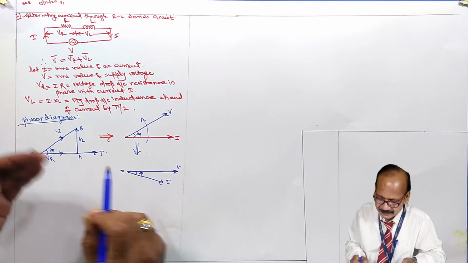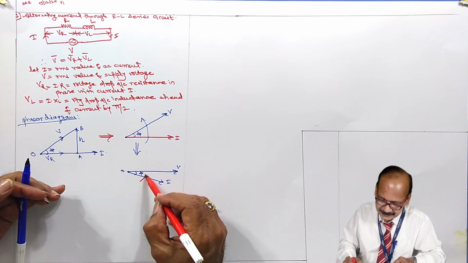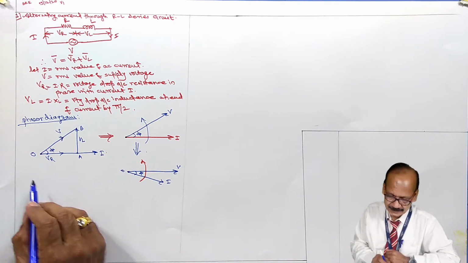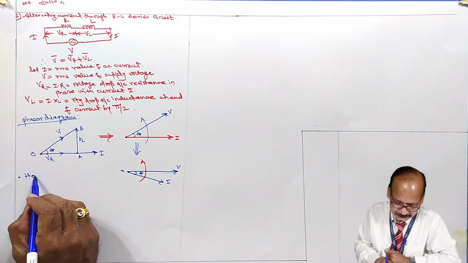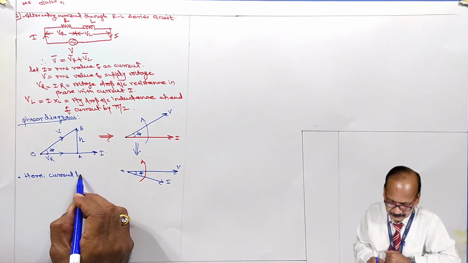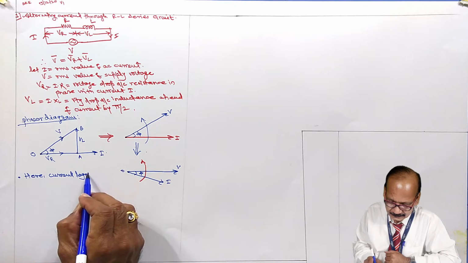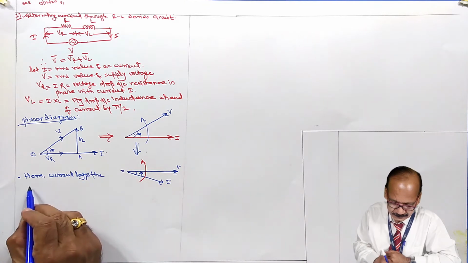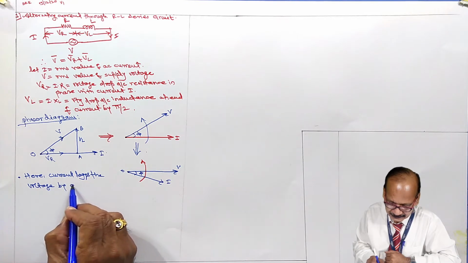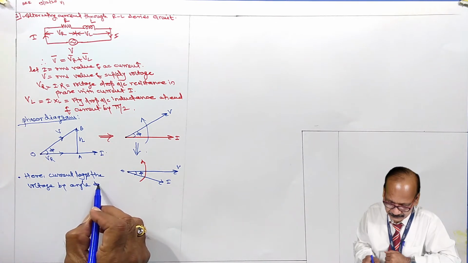So every time current is lagging the voltage by an angle phi.